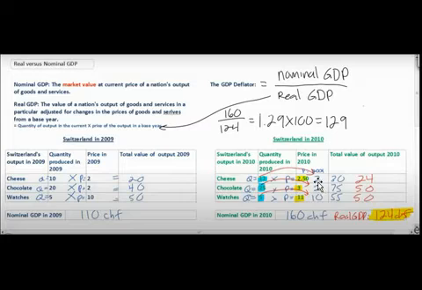Tumaas yung output, 'di ba sabi natin ang hinahanap natin is the output, is the real output. Okay, ng goods and services on that particular year. Okay? Ang problema dito, tumaas yung output niya but not because of the quantity itself, okay? But because of the price din.